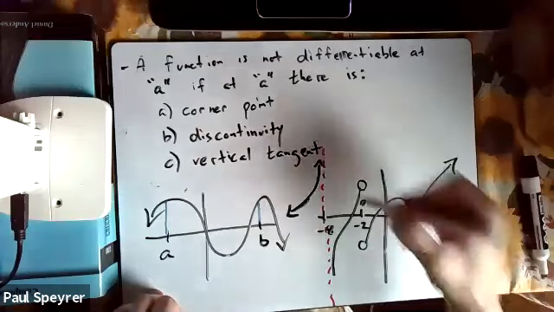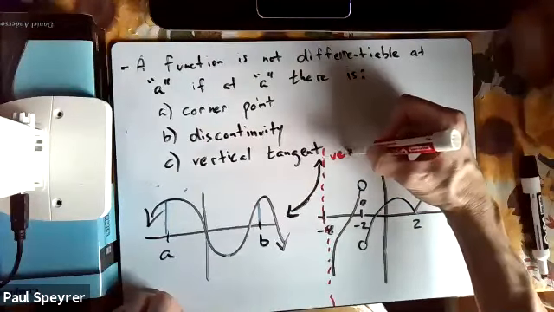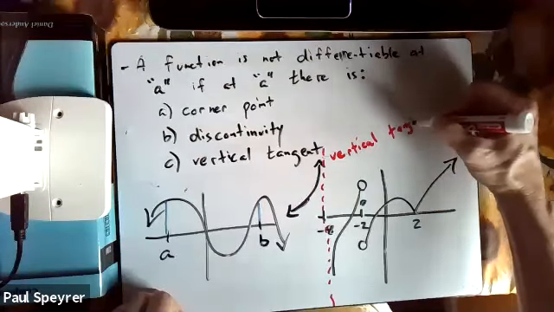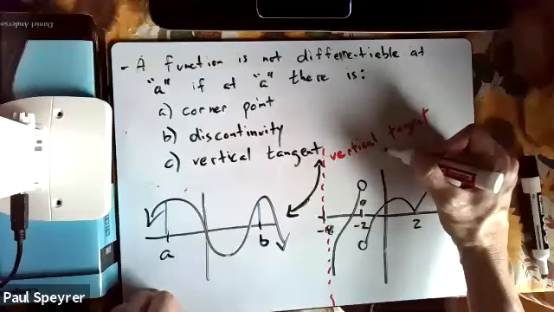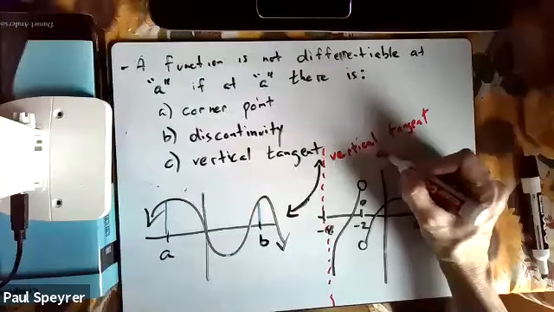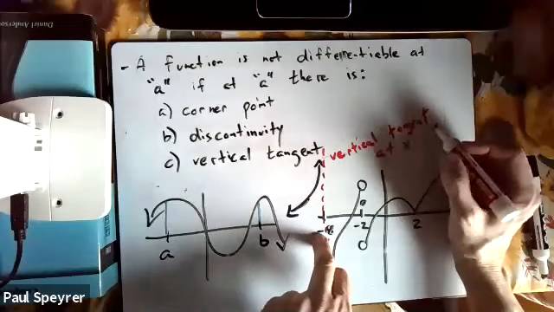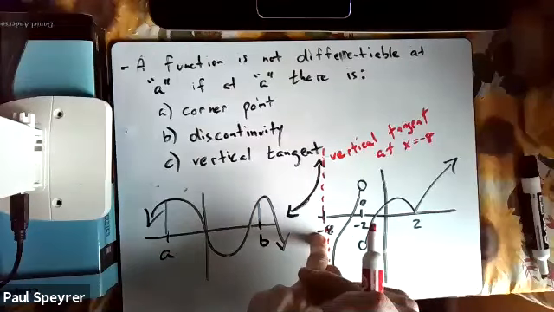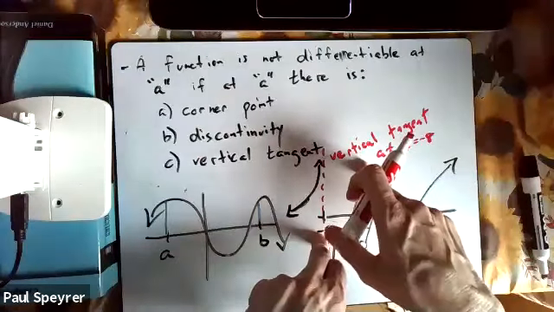That's a vertical tangent. And remember, all vertical lines have an equation, and it's x equals whatever that particular x value is. So we would say x equals -8. It's kind of like a vertical asymptote, right?